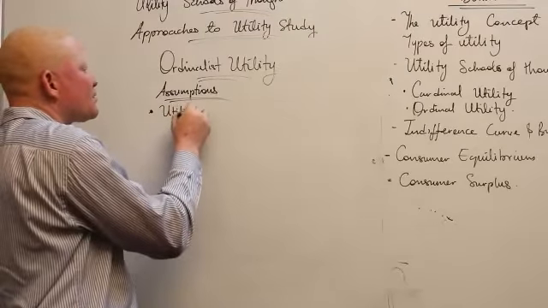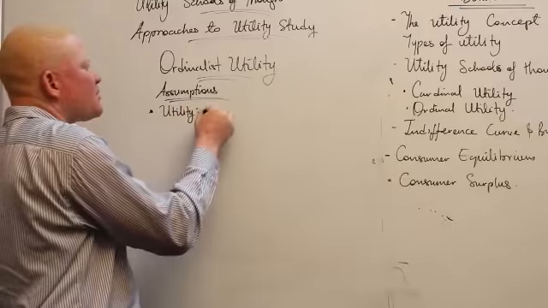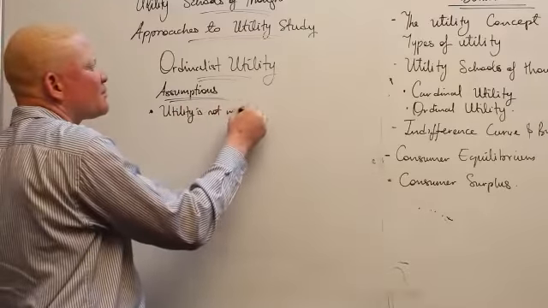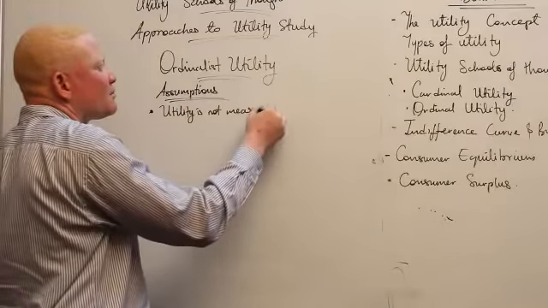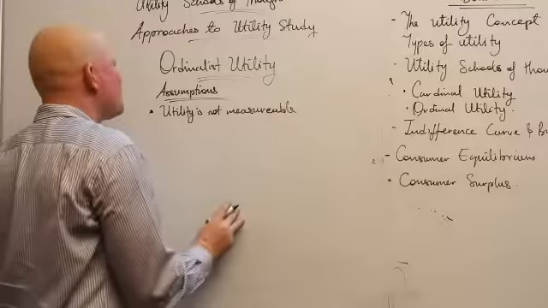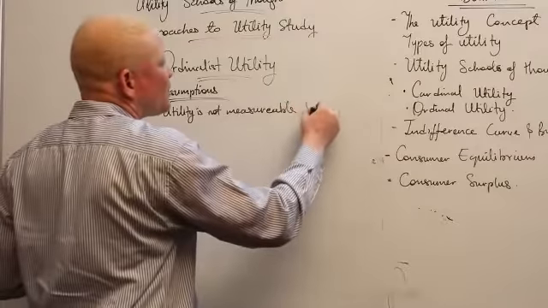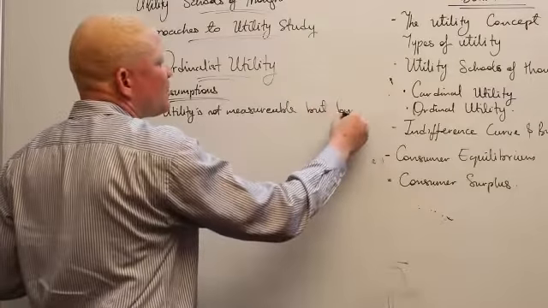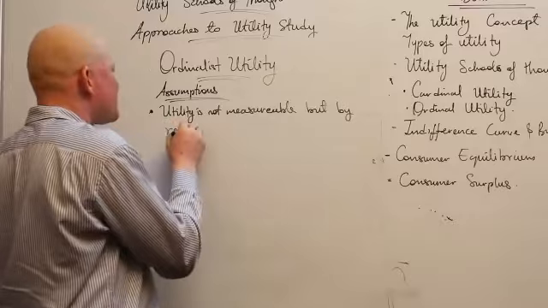Number one, utility is not measurable, but by revealed preference.